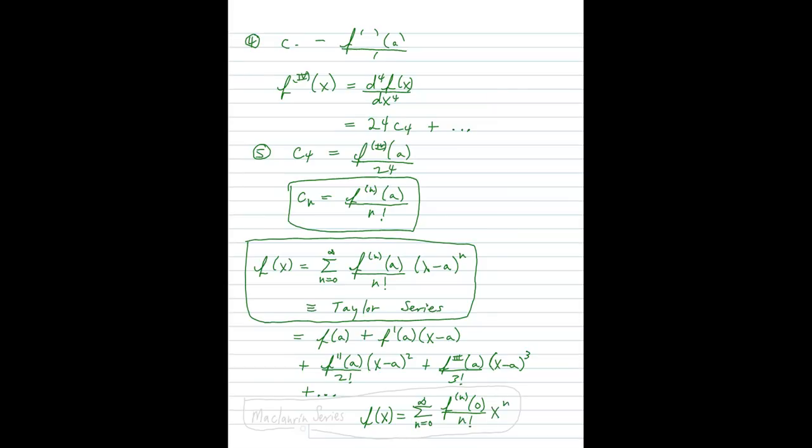Okay, so the only difference between the Taylor series and the Maclaurin series is that the a equals 0. And so that's our Maclaurin series.